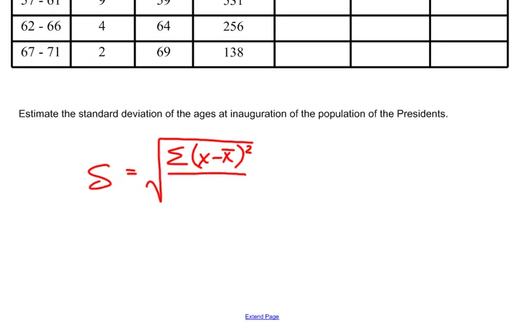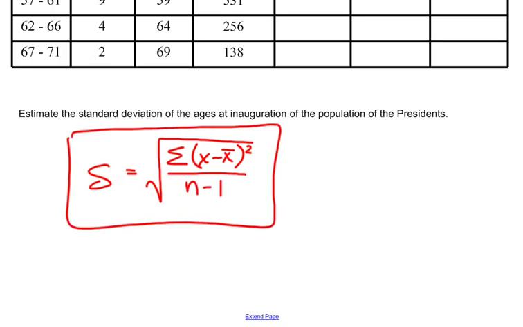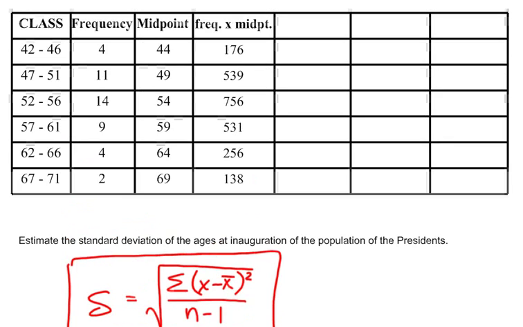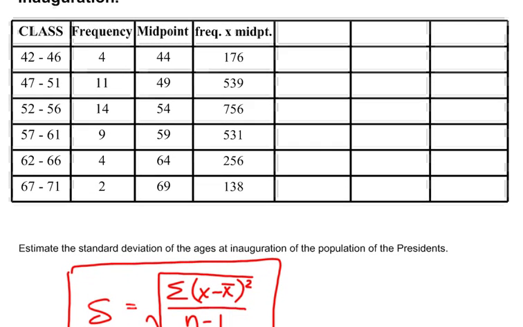We add all those up and we divide by n minus 1. So we've got a lot of work here to get all this information from a frequency distribution.